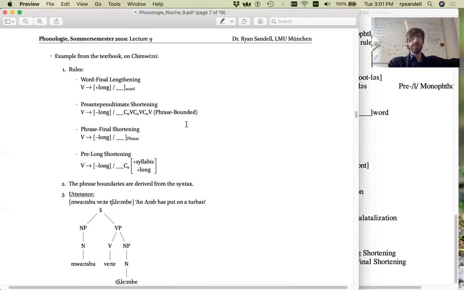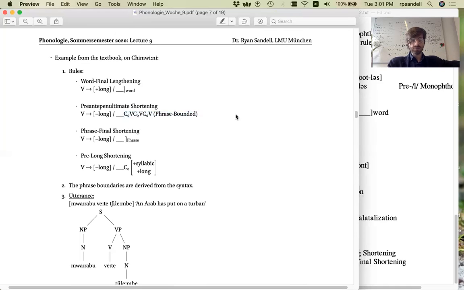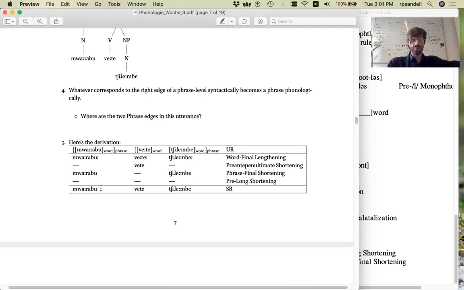We saw in this case that we needed both rules that were phrase bounded and rules that were sensitive to the edges of phrases in order to generate the correct forms, where we have moarabu dete.